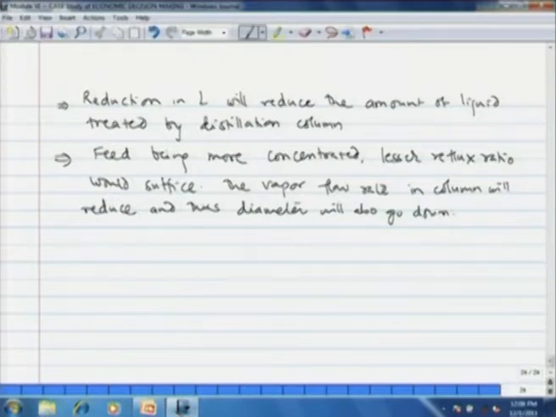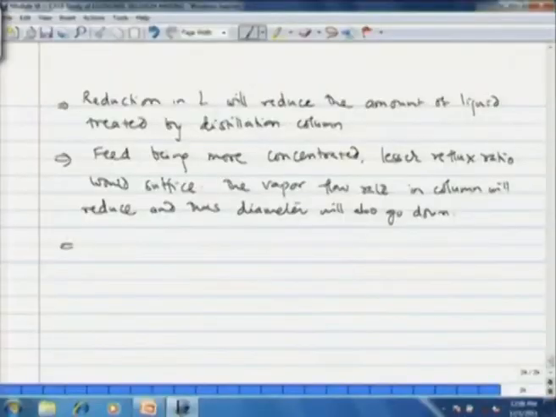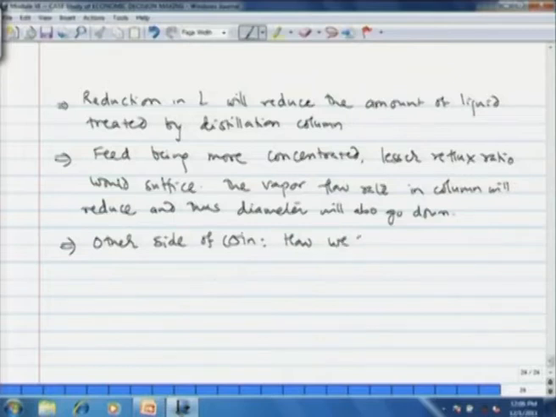Thus, you can see that the operating cost is likely to be reduced significantly if we double the column pressure. However, we have to check the other side of the coin. The other side of the coin is how we should raise the pressure of operation or the pressure of the absorber.